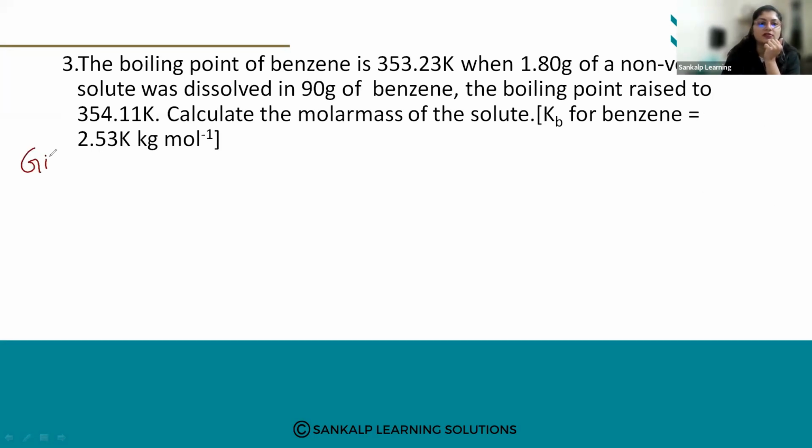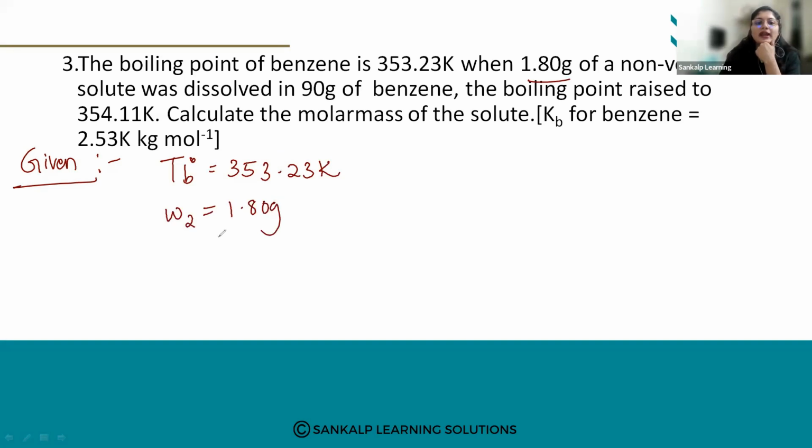So, given. The boiling point of benzene is given as T naught b, which is 353.23 Kelvin. The weight of the solute is W2, which is 1.80 grams, and the weight of the solvent, benzene, is given as 90 grams.